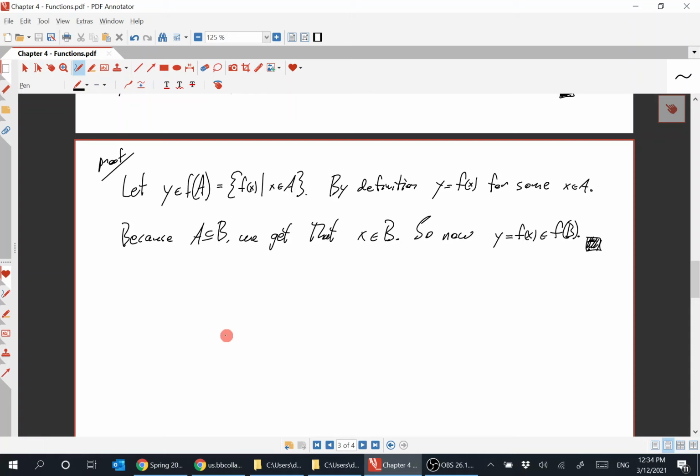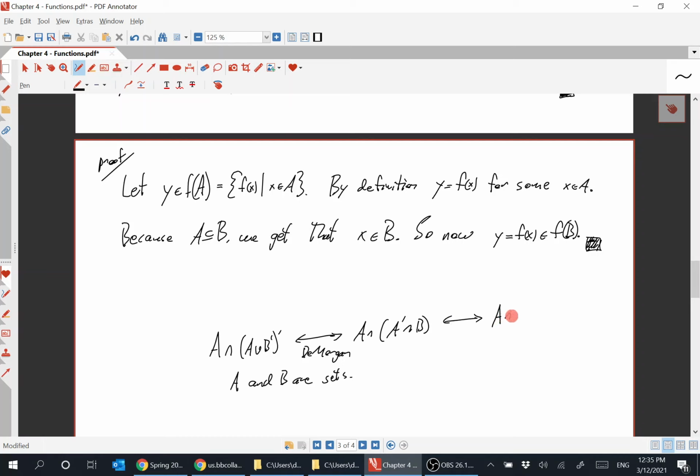So I often saw something like this: A intersection (A union B) complement, where A and B are sets. And then several people, by De Morgan, did something like A intersection B. So what's wrong with what I'm writing here?